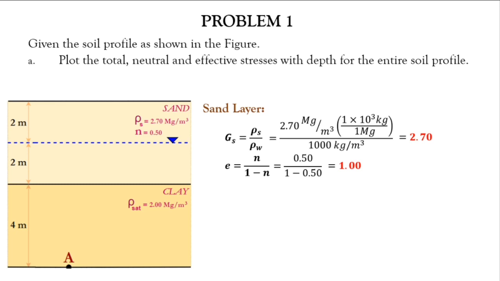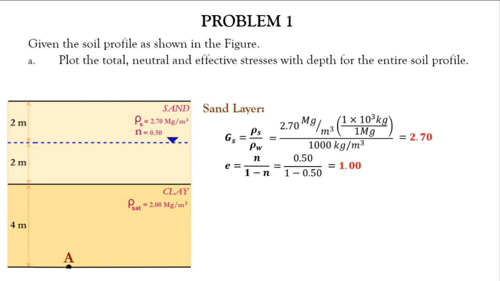Now, kung pag-uusapan natin muna yung sand layer above the groundwater table, since wala namang binigay na condition na merong saturation above the groundwater table, you can always assume that the sand or the soil above the groundwater table is always dry.